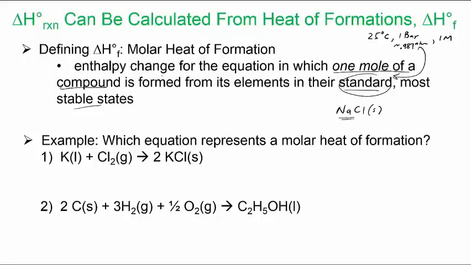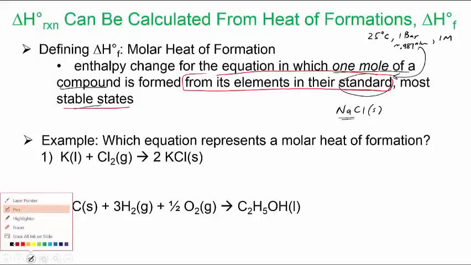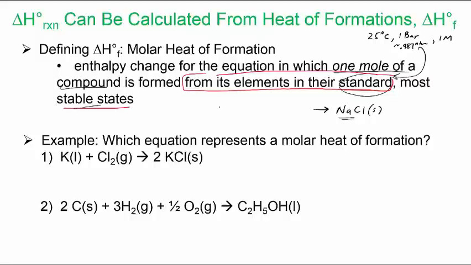So it says 1 mole of a compound is formed from its elements. You have to take this completely literal. So the way to write a reaction for this is to write NaCl from Na, which is solid sodium, plus the other element that this is composed of, chlorine.